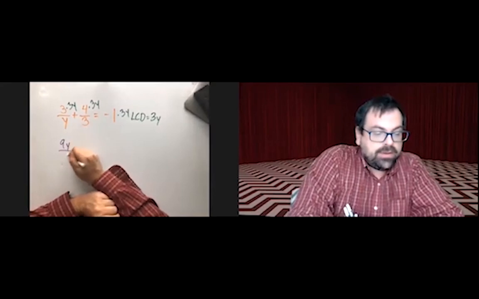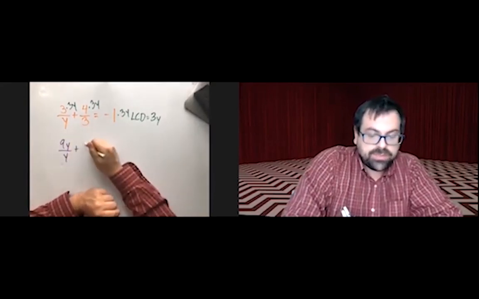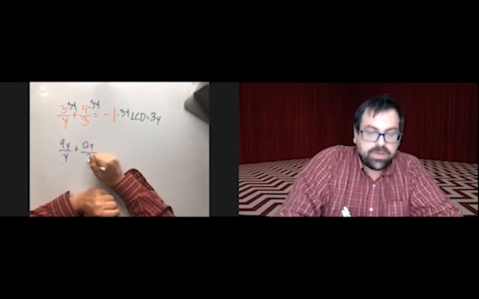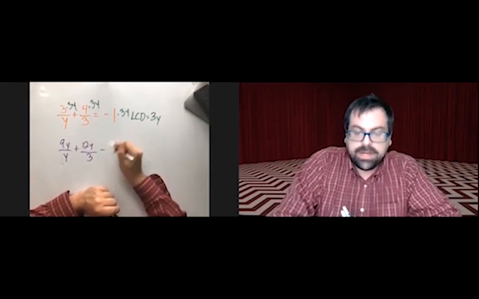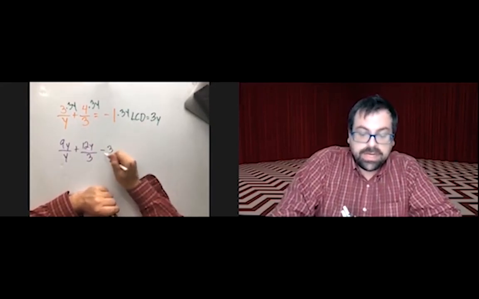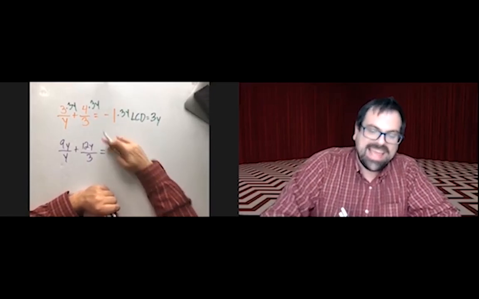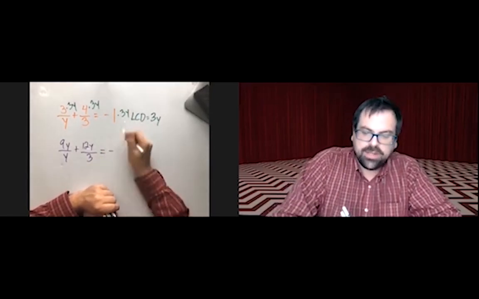That's 9y over y plus 12y over 3 equals -3y.